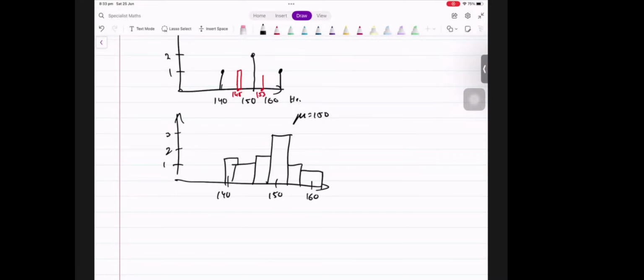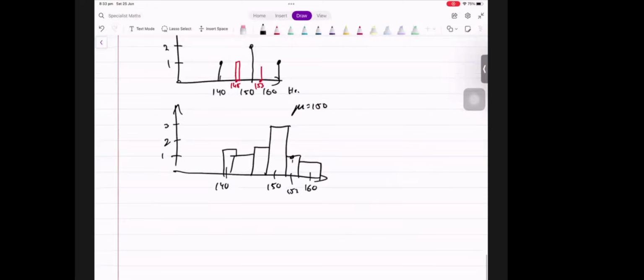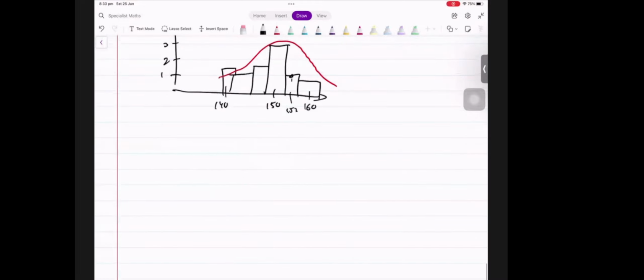In between, let's say here was 153, then that will match up to here, which is 1. Something you start to notice is that as you increase the sample size, the graph kind of looks like this. And this theorem is basically called the central limit theorem. I'll write it down actually. Central limit theorem.